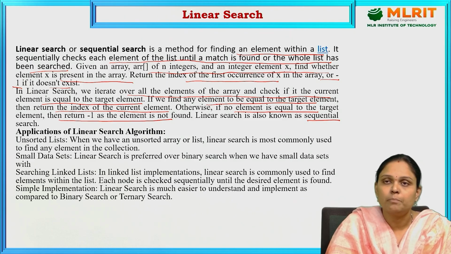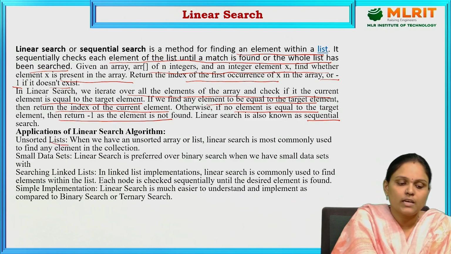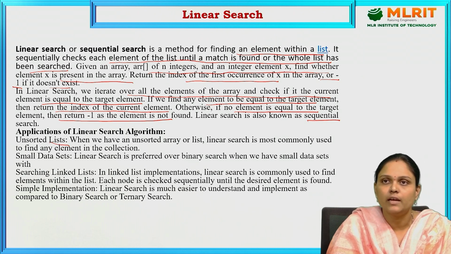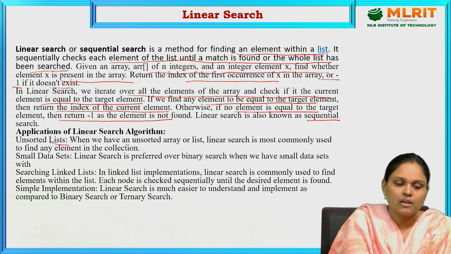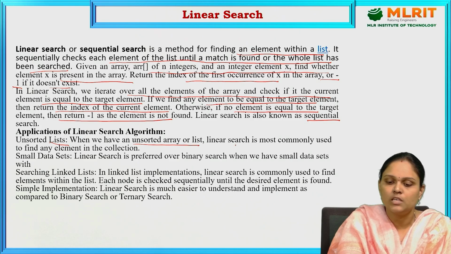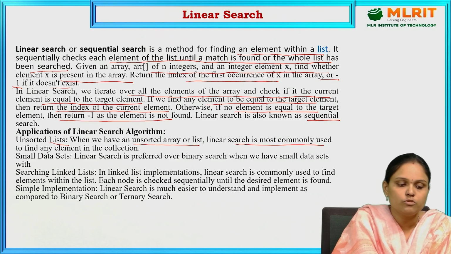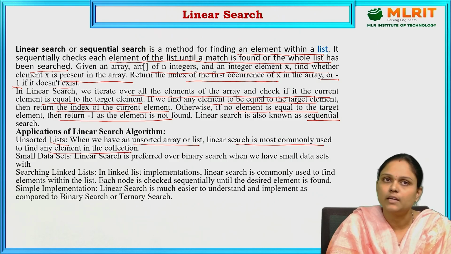Coming to the applications of the linear search. In an unsorted list, we can search for an element by using the linear search concept. If the elements are not in sorted order, not in ascending or descending order, in that case also we can use linear search. If you have an unsorted array or list, linear search is most commonly used to find an element in the collection.